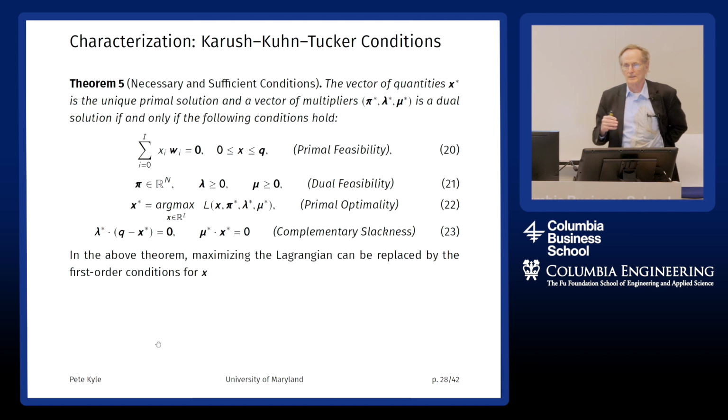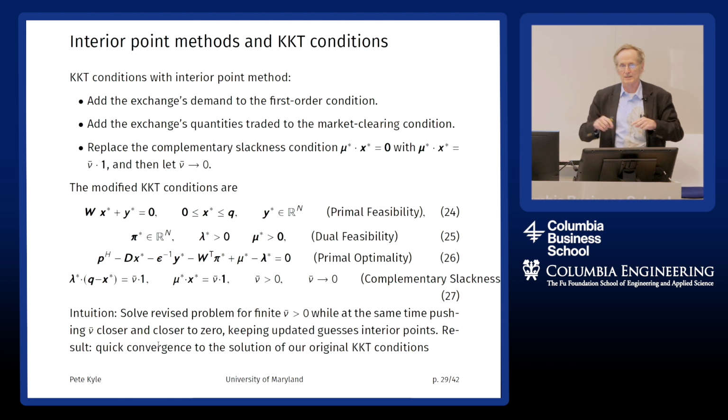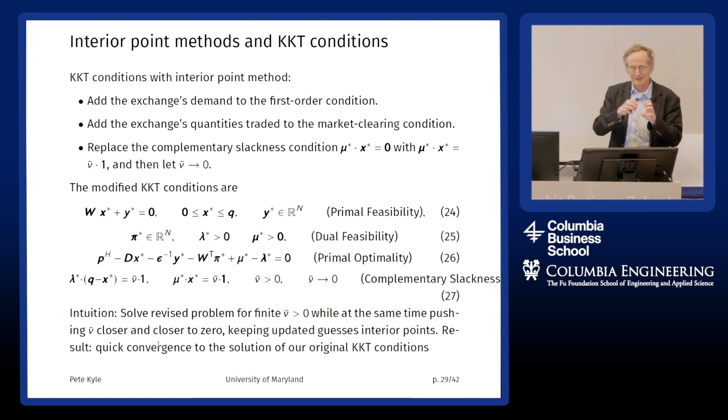We know that the equilibrium to the problem is specified by these KKT conditions, the KKT conditions for the problem itself. But with the interior point method, you can replace the KKT conditions with modified conditions, where the complementary slackness condition says not that your multipliers times the quantities are exactly equal to 0, but that they're equal to some constant that we think of as very small.